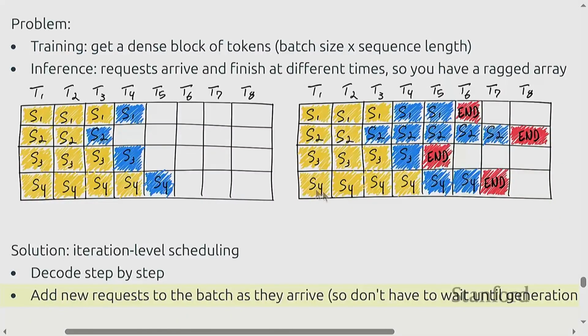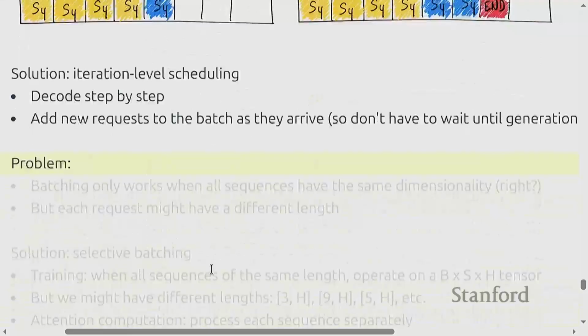This means the worker that's generating tokens needs to hand control back to the scheduler every step. You generate a token, come back to the scheduler, and if there are new requests, they get stuck in, and then it continues. So you're not wasting any time waiting around for requests.